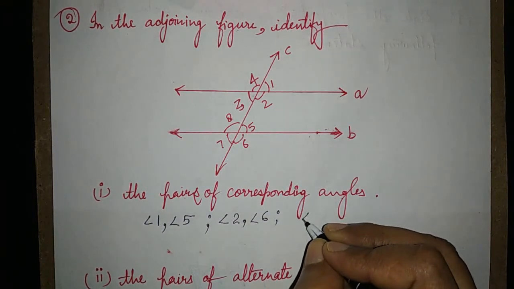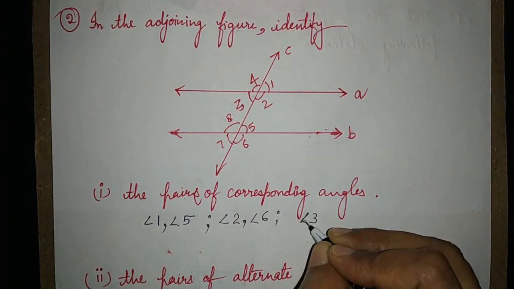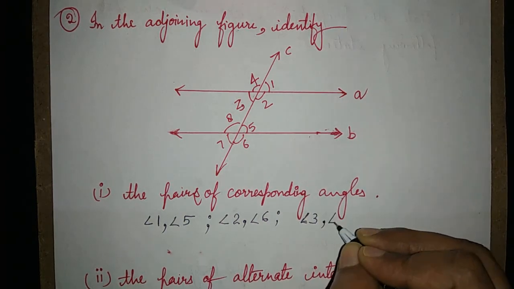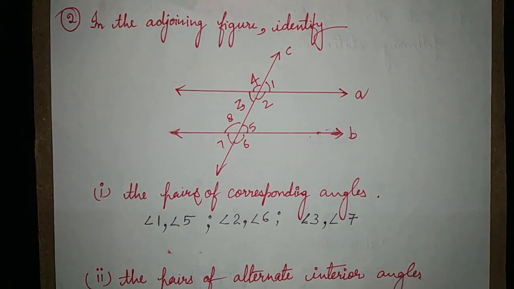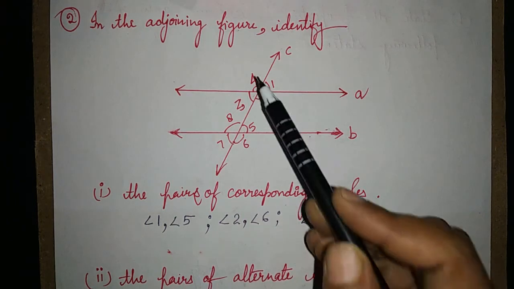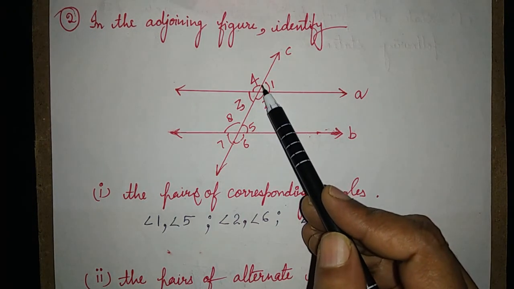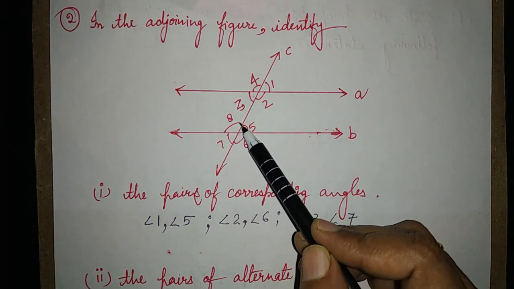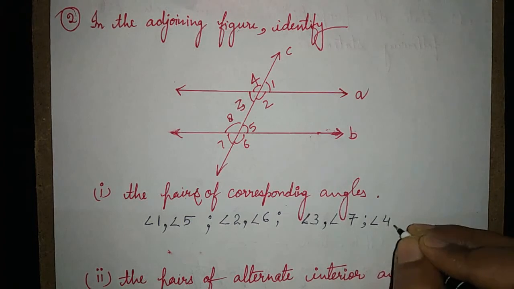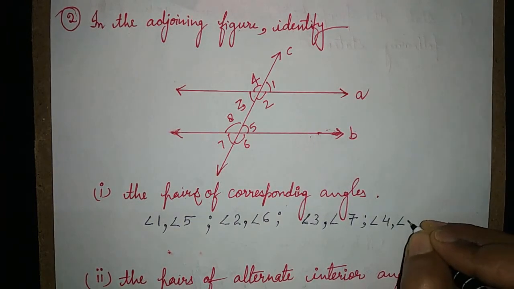So here we will write angle 3 and angle 7. After this, one more pair you can write for corresponding angles: angle 4 and angle 8.